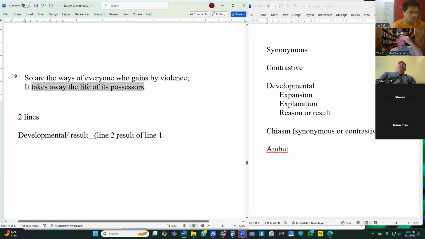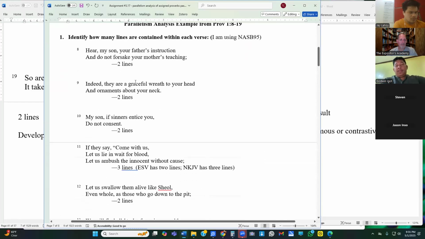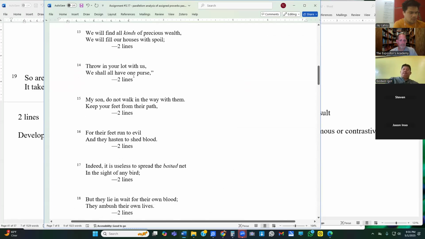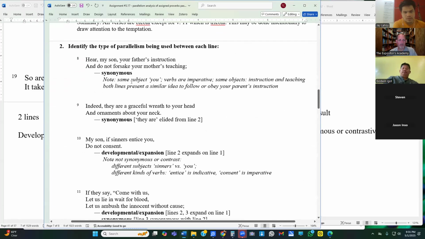Okay? All right, so the last step then is to take, let's go back to the assignment. So with first step, identify how many lines. And again, for that, compare the translation. Second step, the type of parallelism.